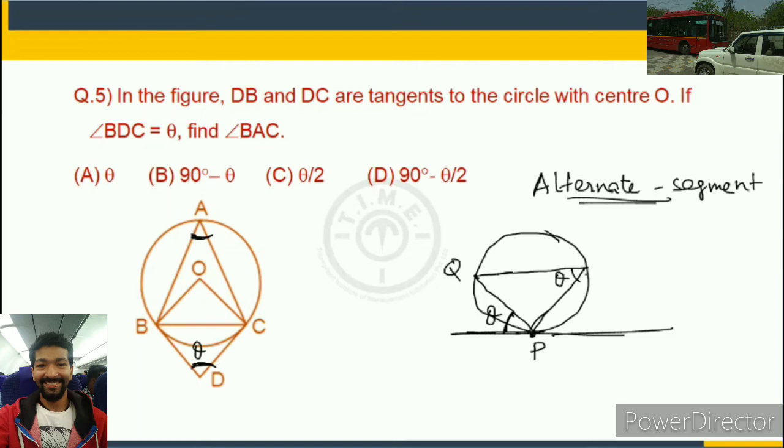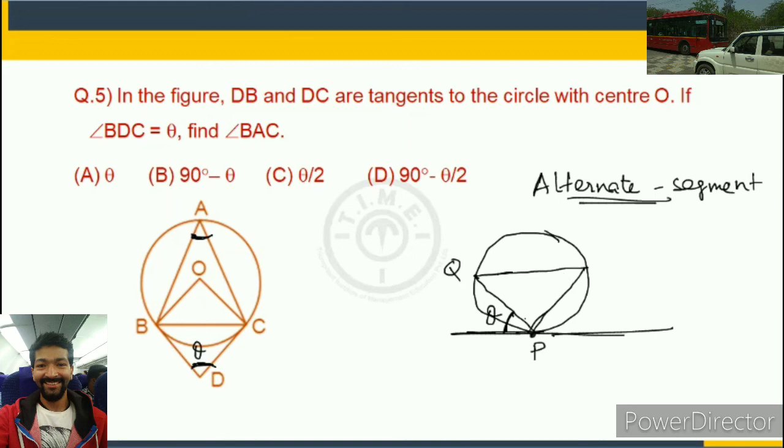The angle made by a chord with the tangent at the point of contact is equal to the angle subtended by the same chord at any point on the circumference.